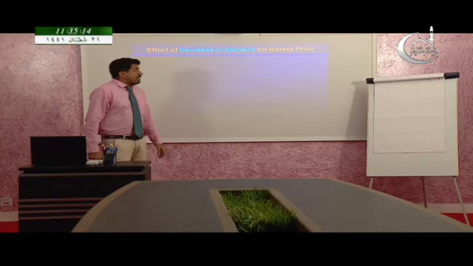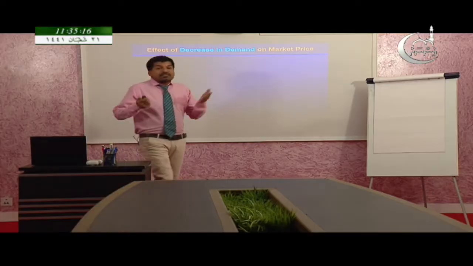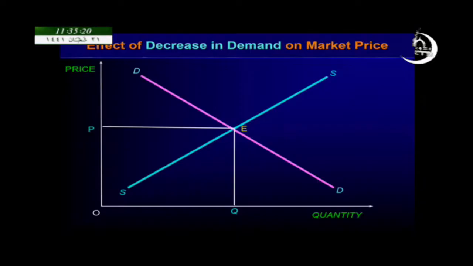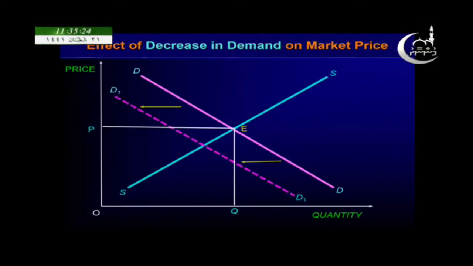And look at the impact of a decrease in demand. We know a decrease in demand means the demand curve will shift to the left. The initial equilibrium price is P and quantity is Q, and look at this, the demand curve shifts to the left, which shows a decrease in demand. As a result, what is happening?